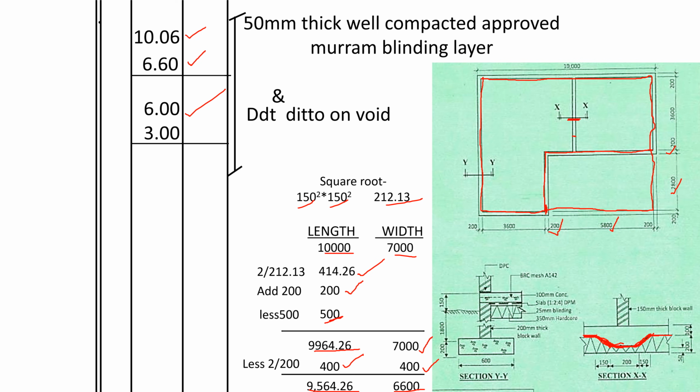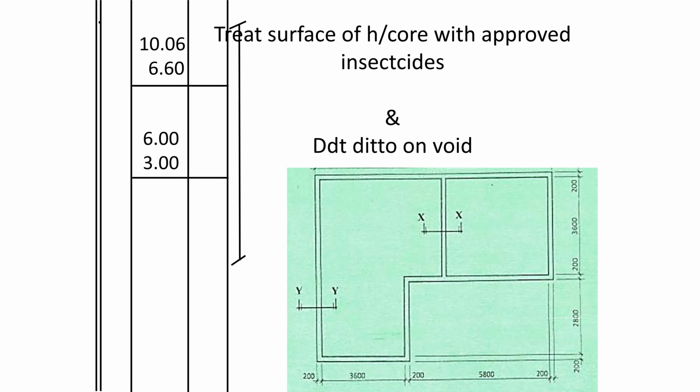Okay, so we shall go to treat surface of hard core with approved insecticides. The surface of the hard core that we shall treat is on top of the Maram blinding. So the same dimensions that were on the Maram blinding will be on the treating with approved insecticides.